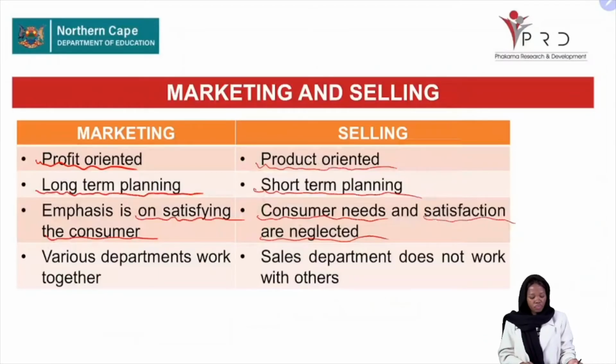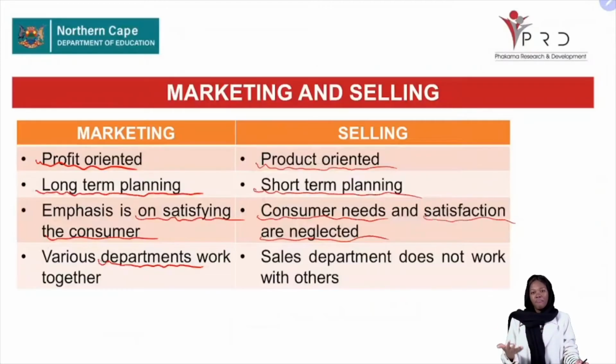And also, marketing involves different departments, meaning various departments work together. When it comes to marketing, they work together on producing the product, transporting the product, and making sure that the consumer's needs are catered for.